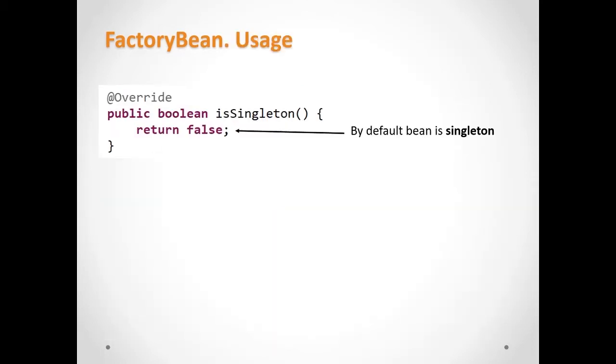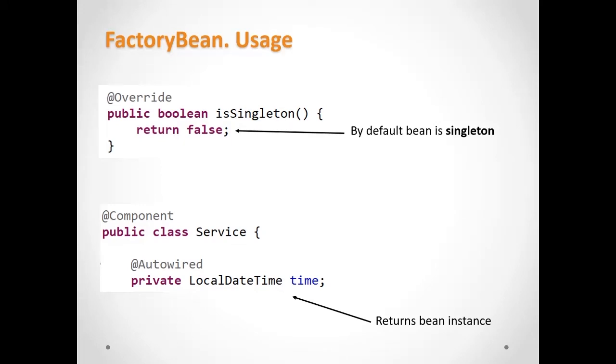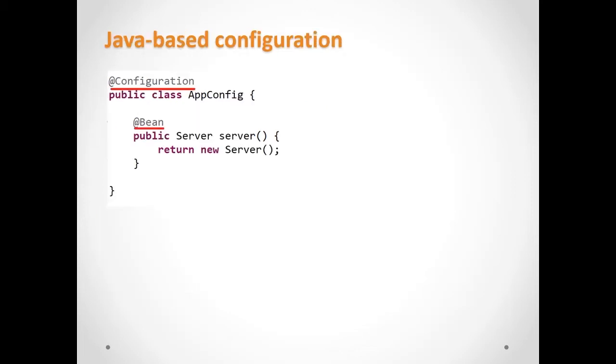If you need to use the prototype scope, you should return false in the isSingleton method. And now you can autowire a property of this type, LocalDateTime, and it will be managed by Spring. Very useful.